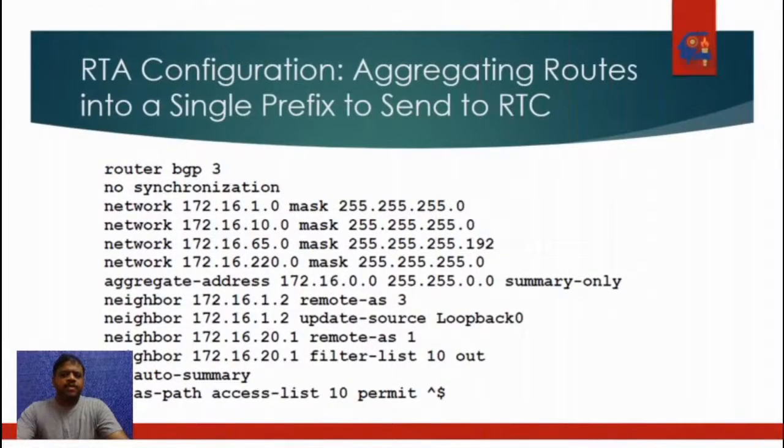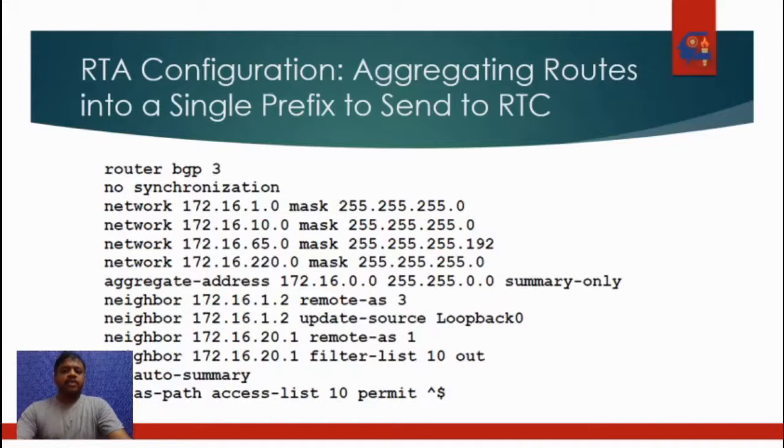The configuration in the given example shows how RTA can aggregate all these routes into a single prefix 172.16.0.0/16 and send it to RTC. This of course assumes that autonomous system 3 is the sole owner of the class B 172.16.0.0/16.